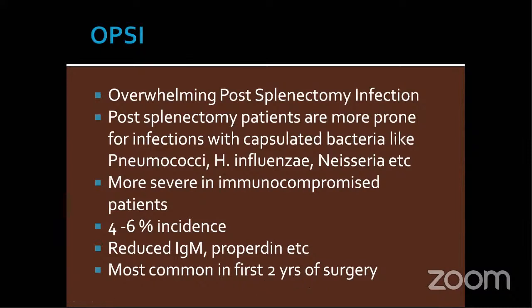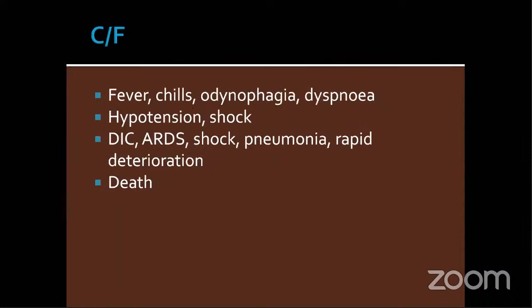You have to reinforce the patient to come for regular follow-up, at least for 2 years. You have to scare the patient, literally threaten the patient, not just undergo surgery and vanish. What are the clinical features? One is fever with chills and rigors, odynophagia, usually pneumococcal infection, and dyspnea because of pneumonia, then hypotension, multi-organ failure.